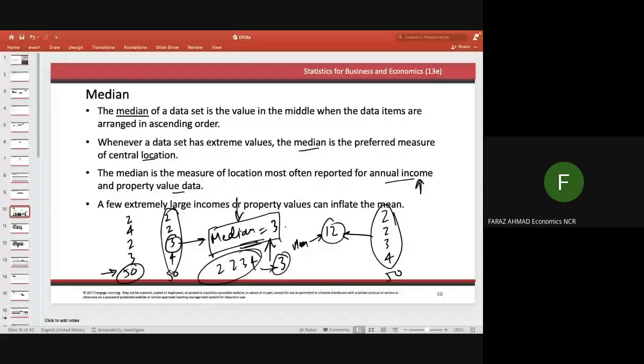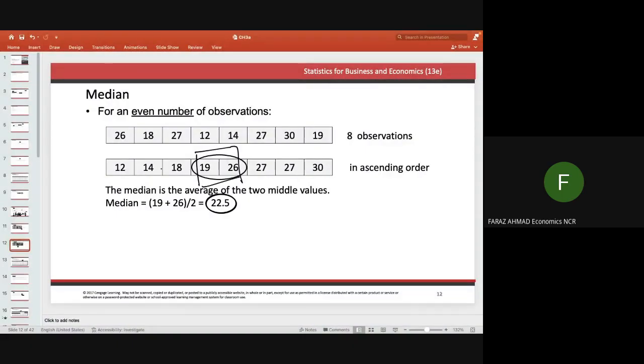You can calculate the median if you put your numbers in ascending order and find the middle one; that would be the median. If you have an even number of observations, then you have to take the two numbers in the middle, because if you take these two numbers, then only you have three numbers to the left and three numbers to the right. Then you can say 19 and 26 both are in the middle. In that case, you would take the average of 19 and 26, which would be 19 plus 26 divided by 2.